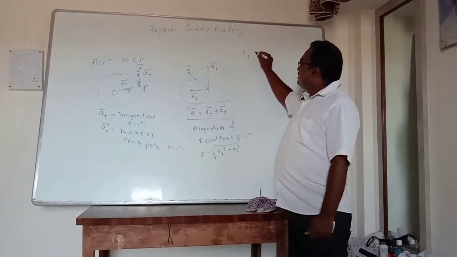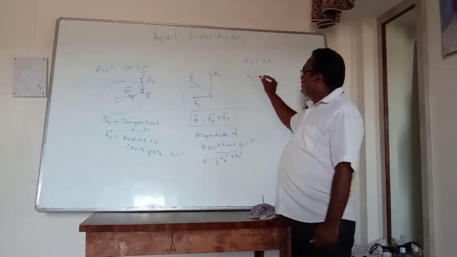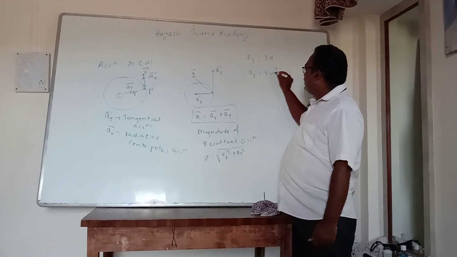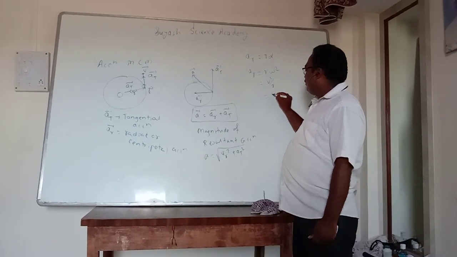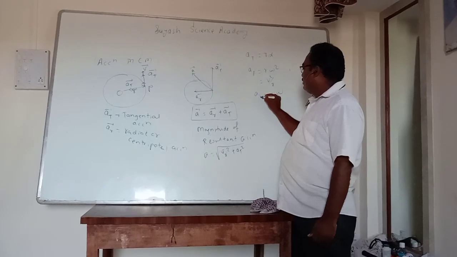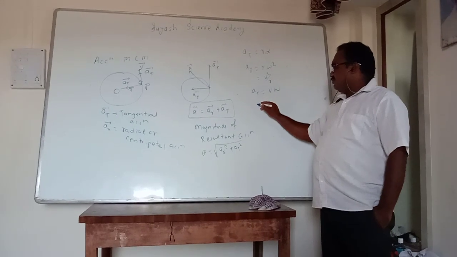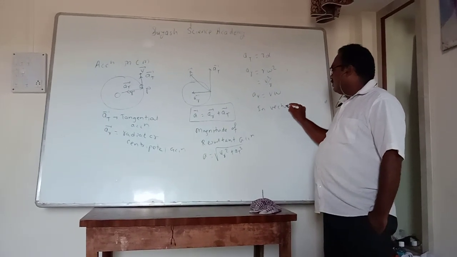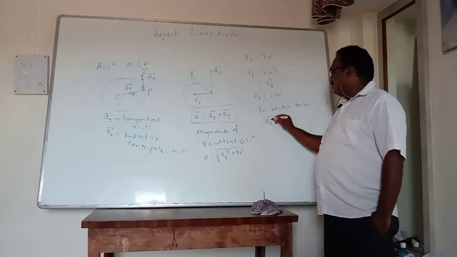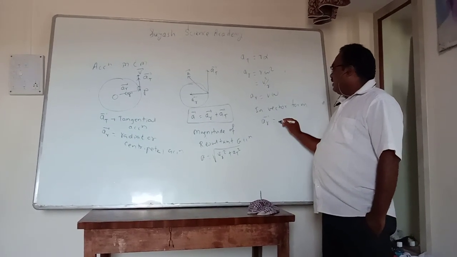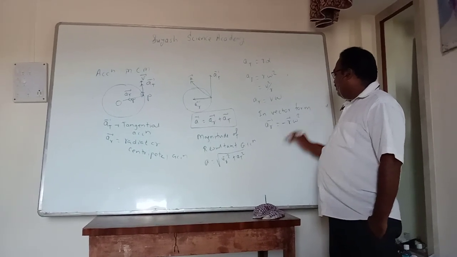The tangential acceleration is equal to r into alpha. The radial acceleration is r omega square, which has three formulae: v square by r, or v into omega. In vector form, AR bar is equal to minus r bar into omega square.